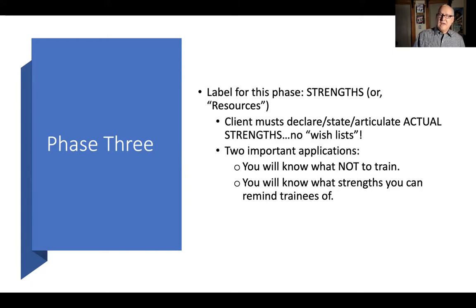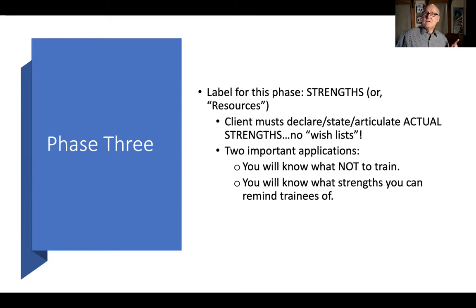By the way, if you ask for strengths and the client goes to wish list mode, using that example I gave, if I say, "Well, what are some strengths in your organization?" and the client says something along the lines of, "Well, what would really help is if we had a great accountant," you want to make a note of that, because it's possible that this ties into a later phase of the four-phase process.